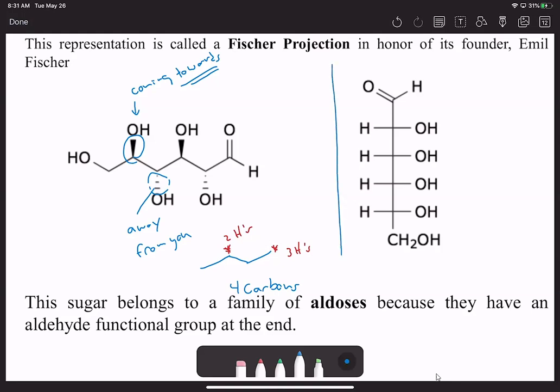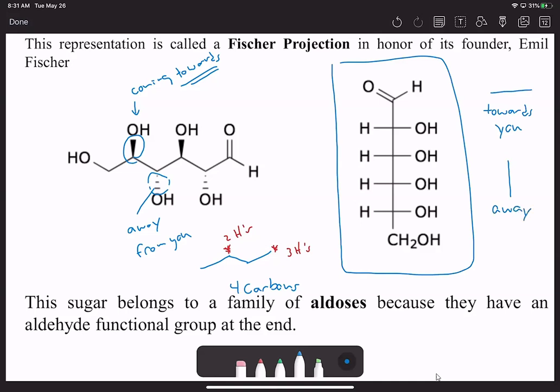And looking at our Fischer projection, anytime that we see this horizontal line, whatever's on the ends of those are going to be going towards you. Anything on a vertical line means that whatever elements are there are going away from you.